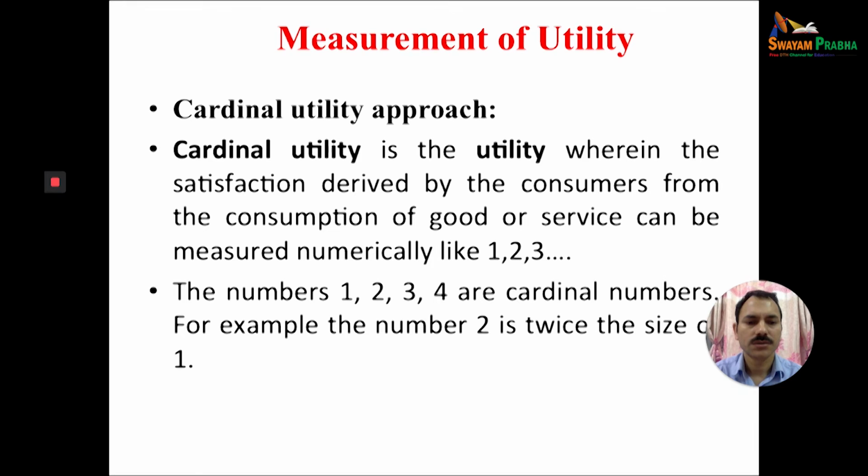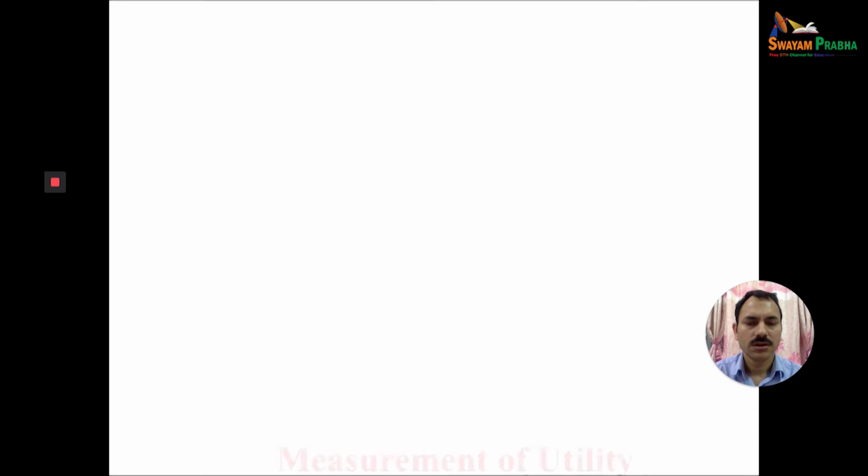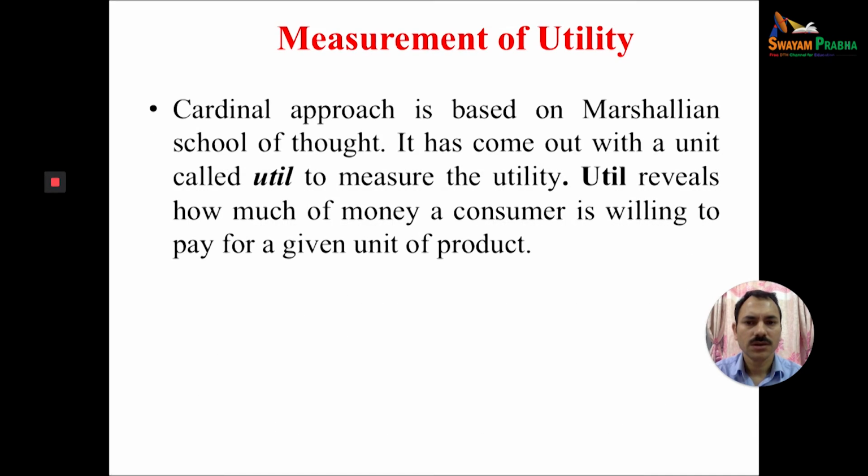Now let us discuss more about this cardinal approach. The cardinal approach is based on the Marshallian school of thought. Marshall gave the concept of utility in terms of cardinal measurement. He came out with a unit called util to measure utility.